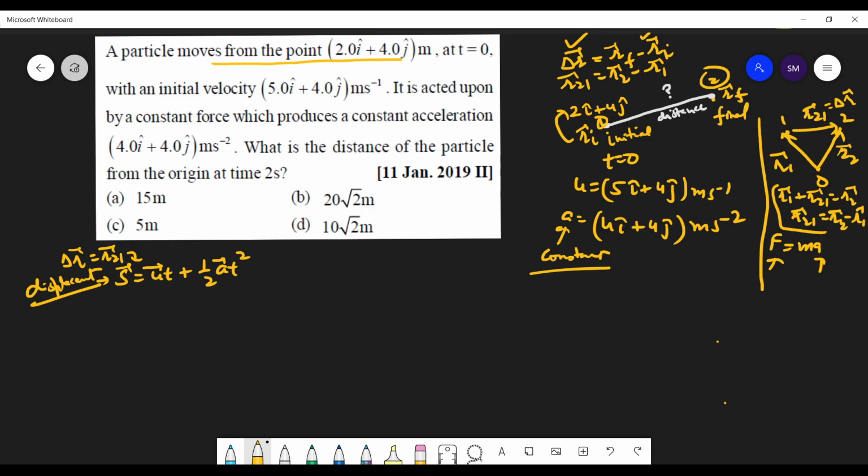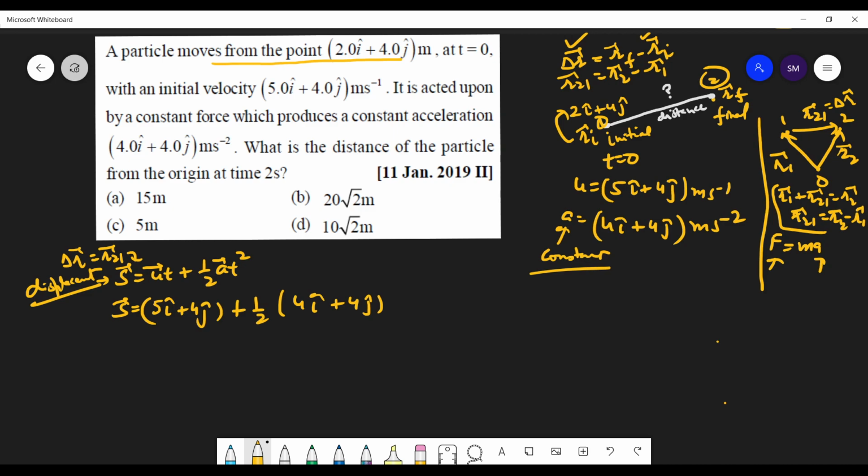So let us see. S is equals to, what is your initial velocity? This is 5 i cap plus 4 j cap plus half into 4 i cap plus 4 j cap, which is your acceleration, into t square.